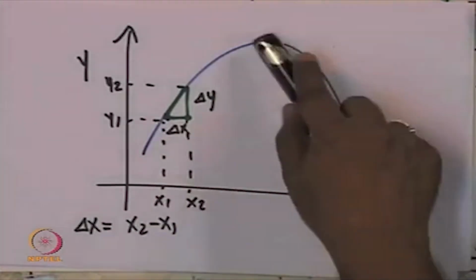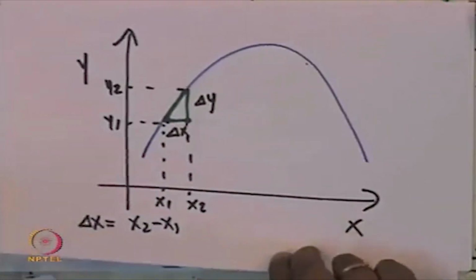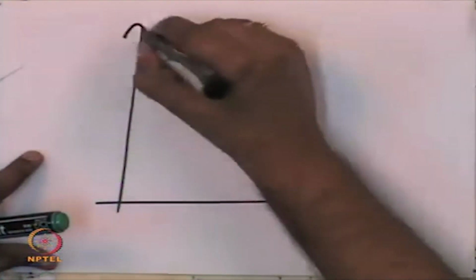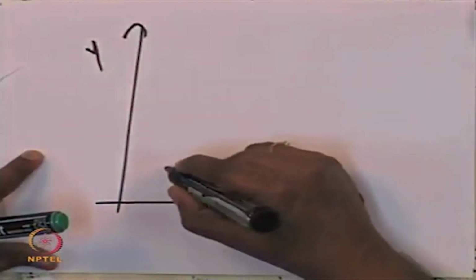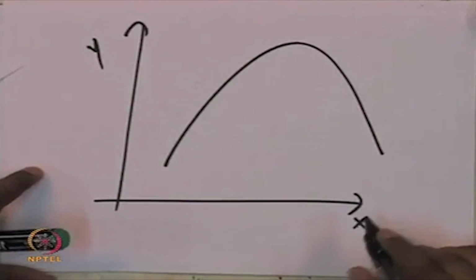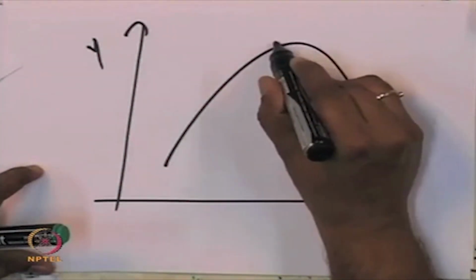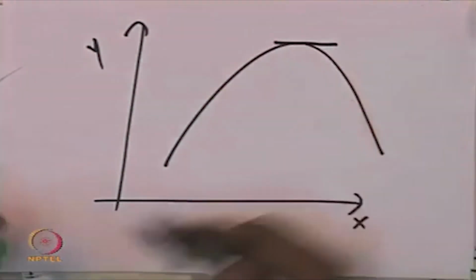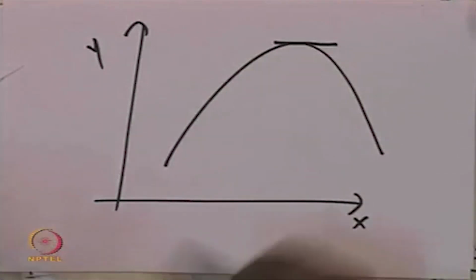Now, let us look at the slope here. Let us again redraw this curve for convenience of calculating this. So, let us plot x and y, and let us draw this curve, and calculate the slope at this particular point.